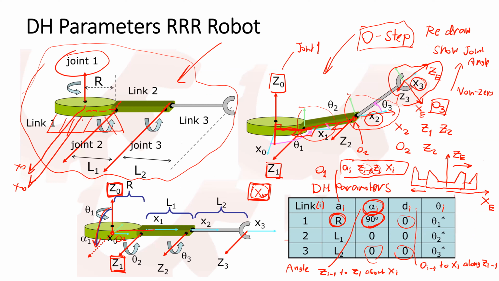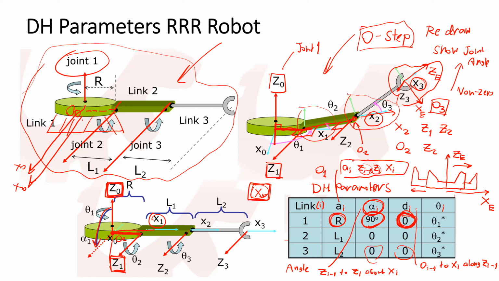In this case, as I mentioned, if we select the position of O0 at the same level as the joint axis C1, we can eliminate the link offset. We can make it 0.